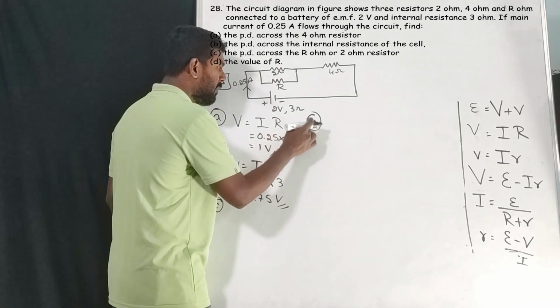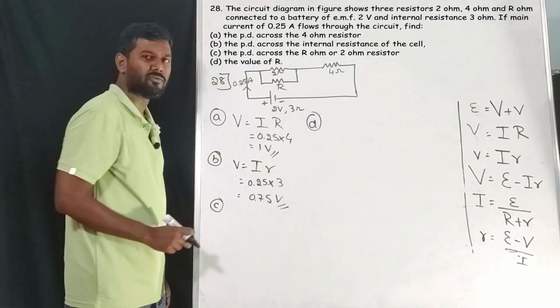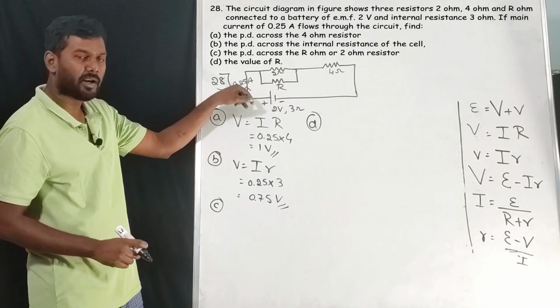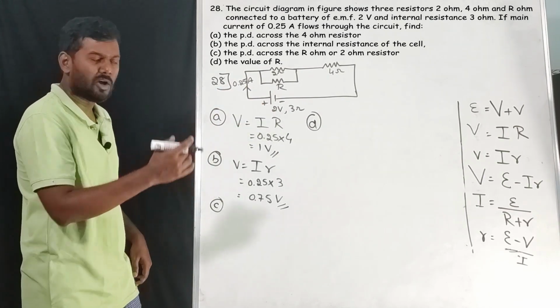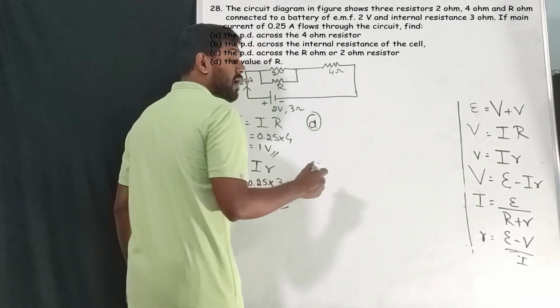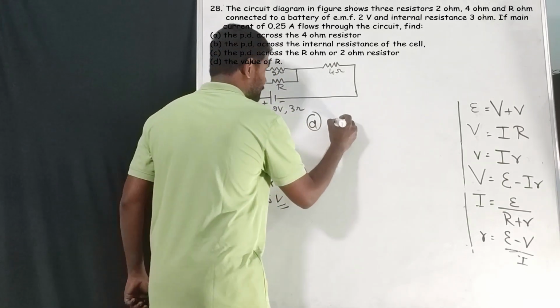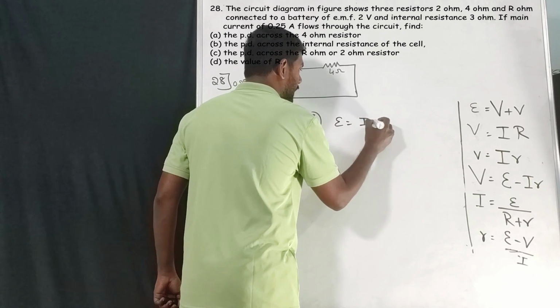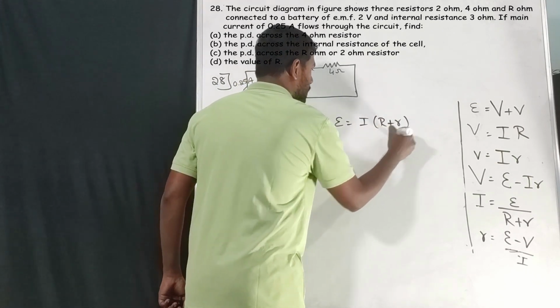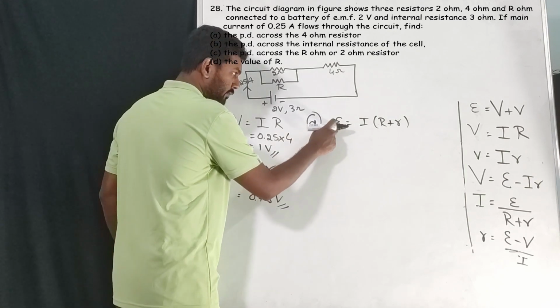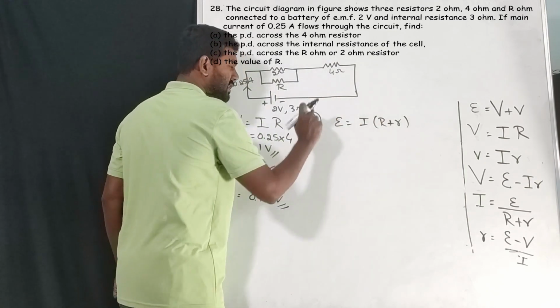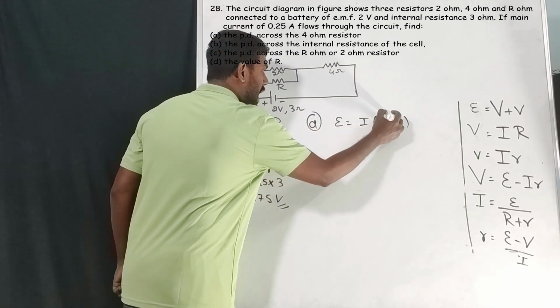Listen, in part D we have to find the value of R. Here we have current, terminal voltage and internal resistance also. Using all these things, which formula is there to find capital R? Listen, E is equal to I into (R plus r). This is the formula, correct? In this formula, we know E, we know I, we know small r. But what do you mean by this R?